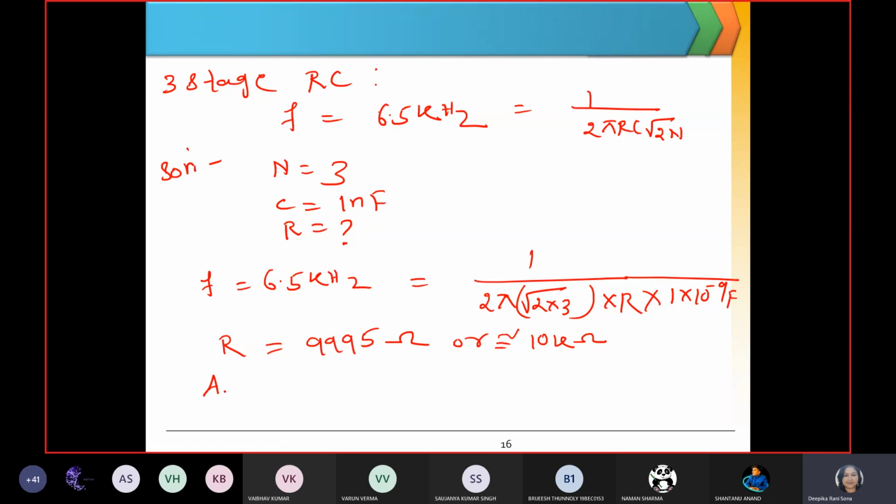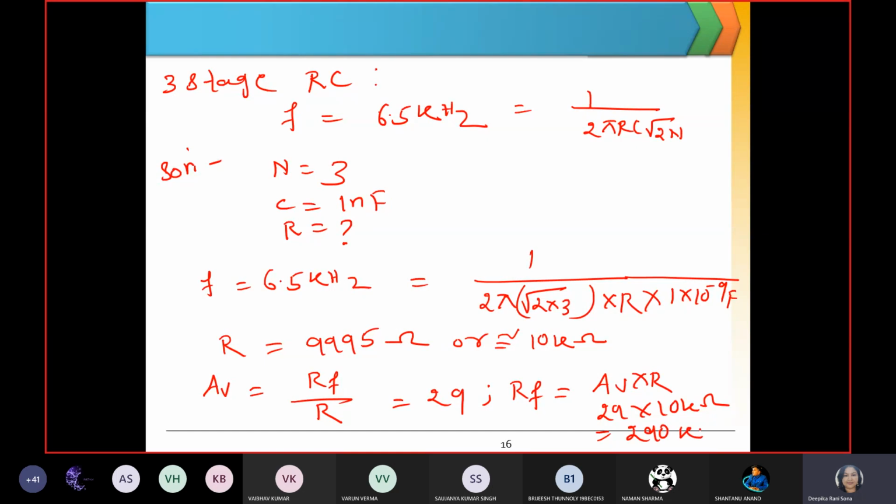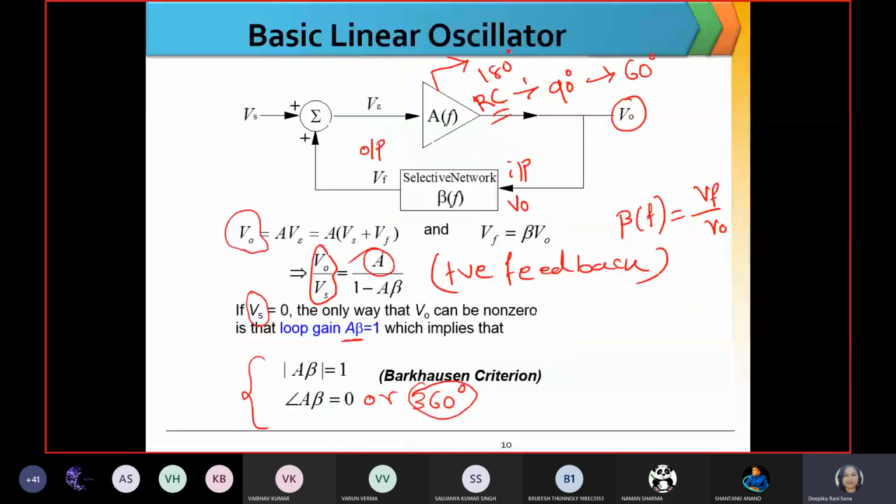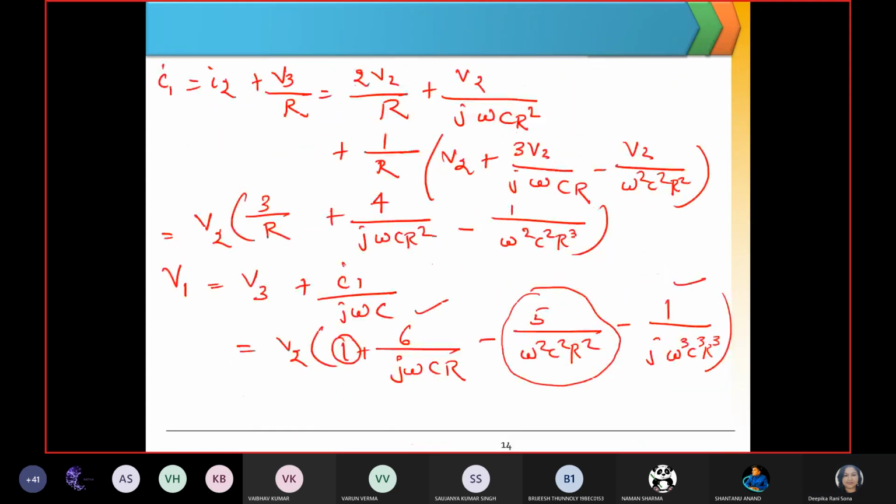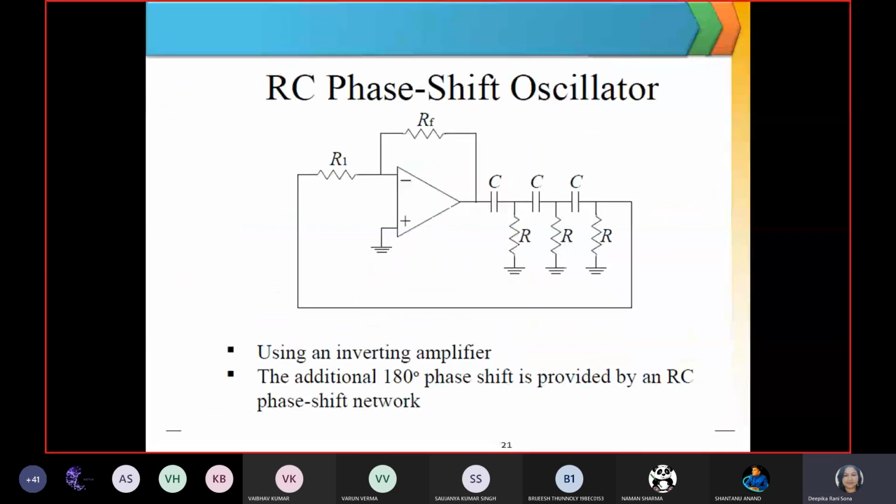So we know that gain equal to RF by R, which is equal to 29. So what is the value of RF? AV into R. So what is the unknown R? 29 into 10 kilo ohm, which is equal to 290 kilo ohm of feedback resistor we need to make the RC phase shift circuit.